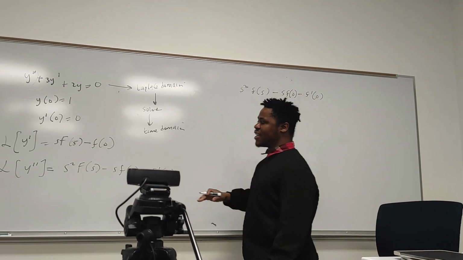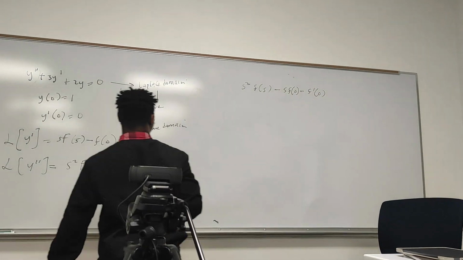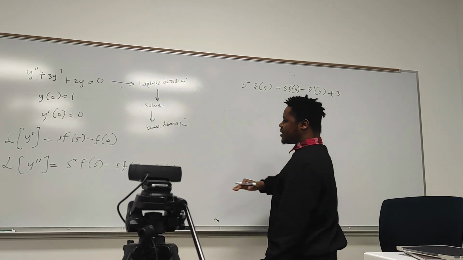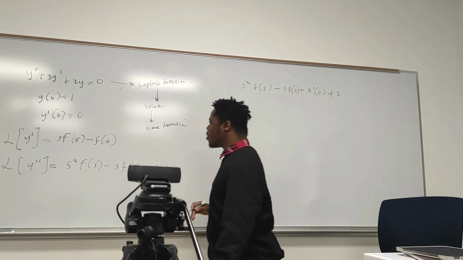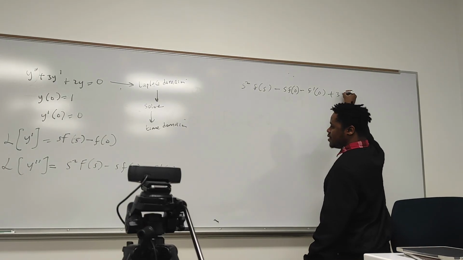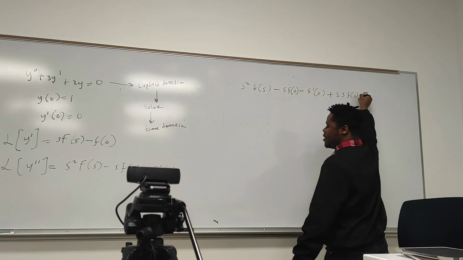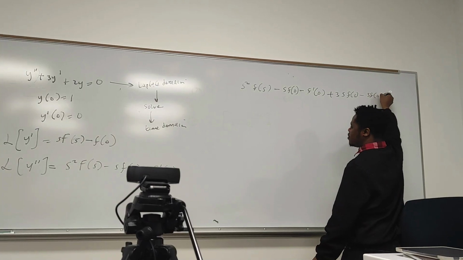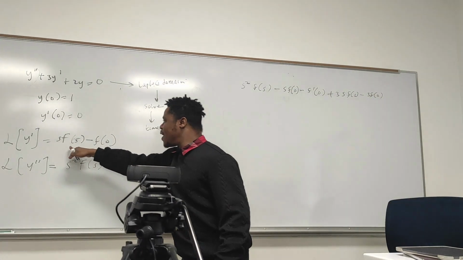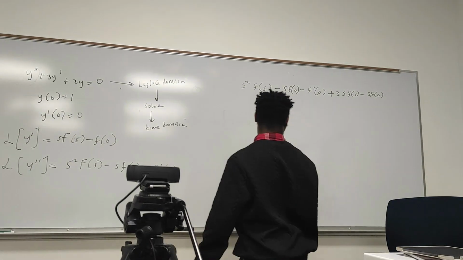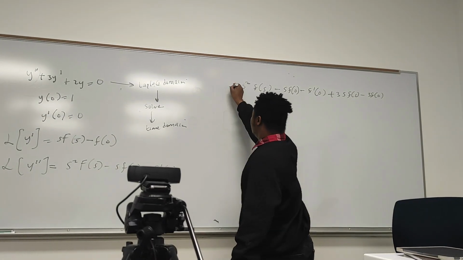That's for this guy. Then plus 3y prime, it becomes plus 3 times sF(s) minus f of 0. It's just 3 multiplied by this. Then plus 2 times y.